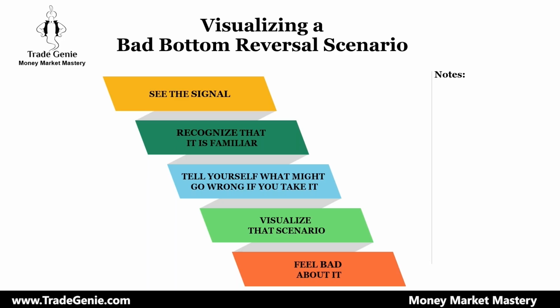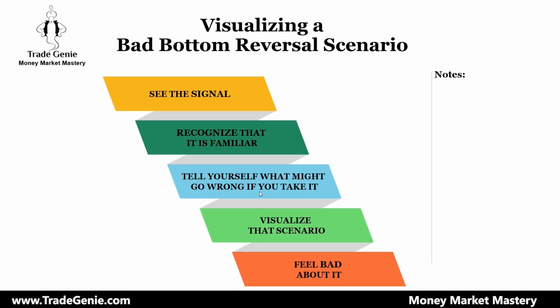But then you start telling yourself what can go wrong. This comes to your mind, and you say, no, this gap down, I don't know. I wait, and then you ignore it, and then it just continues to fall apart. When you're telling yourself what might go wrong, you start visualizing that scenario, how much money you will lose by taking that trade.